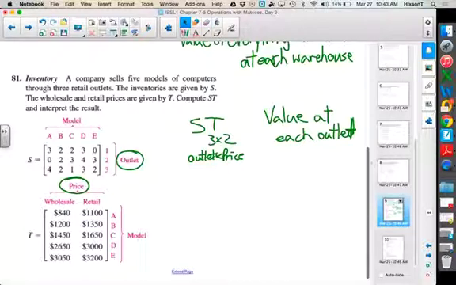Alright, any questions? Comments? Anything? Yes? So these are all like 2-dimensional matrices. Are there ever 3-dimensional matrices where you have like row by column by depth or something? By depth, in computer programming, I think they have that.